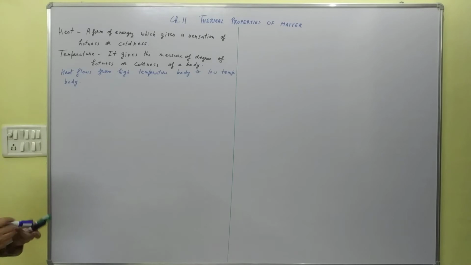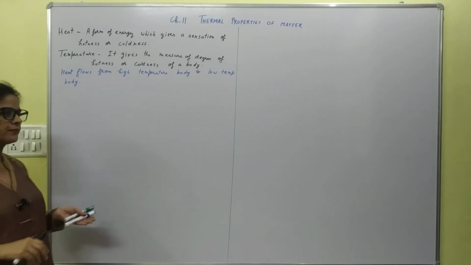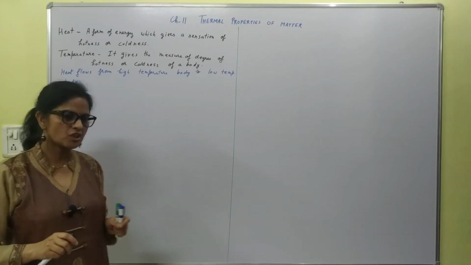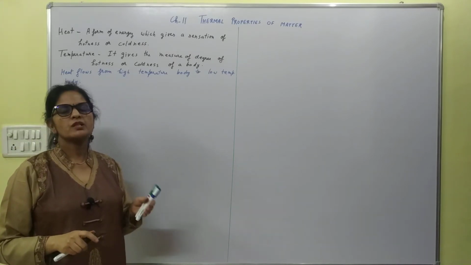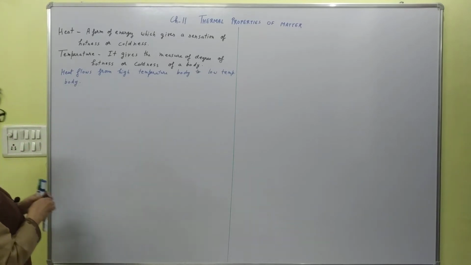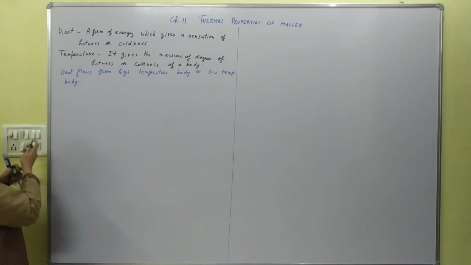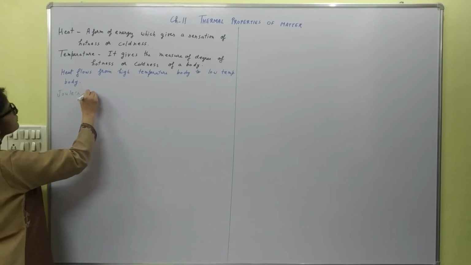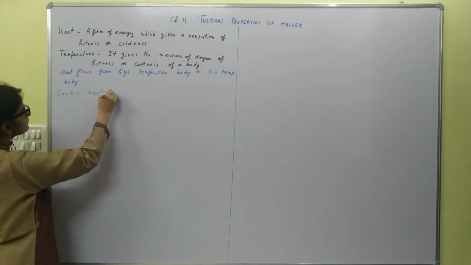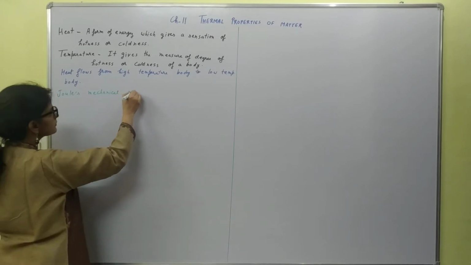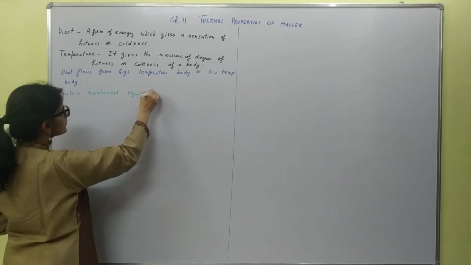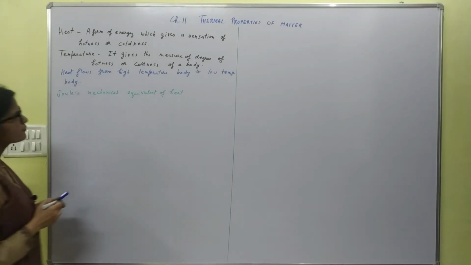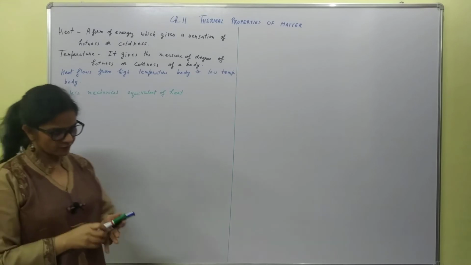right? Then we have one concept that work and heat are equivalent, and we have a term which gives the equivalence, that is Joule's mechanical equivalent of heat, right? So Joule's mechanical equivalent of heat, for understanding that, it says that work and heat are interconvertible.